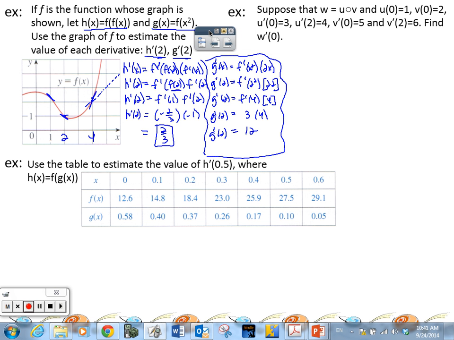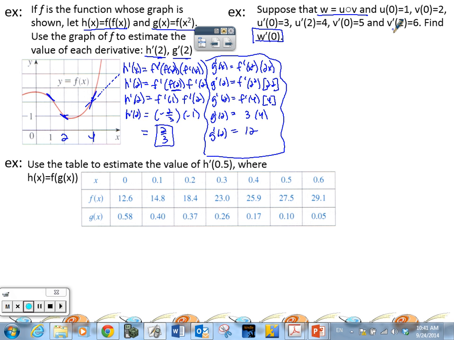The next one has data points, and we're wanting to find w prime of 0. Hopefully you recognize that little o from that notation from last year. I don't know if you remember it in pre-cal or not. The books love to use that notation. I actually don't like it that much, but we need to know what it means.